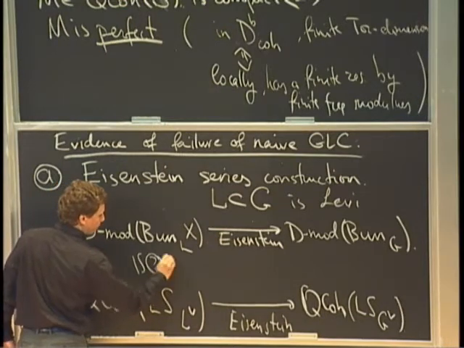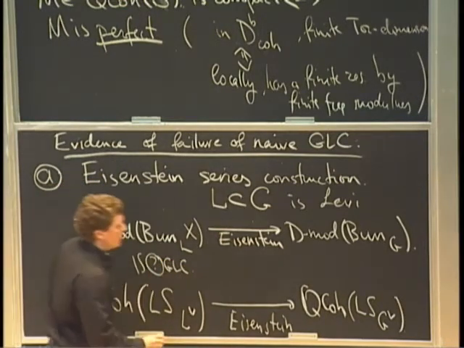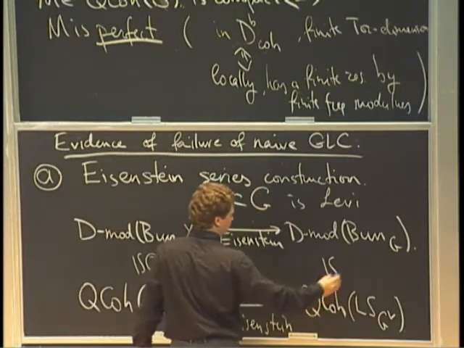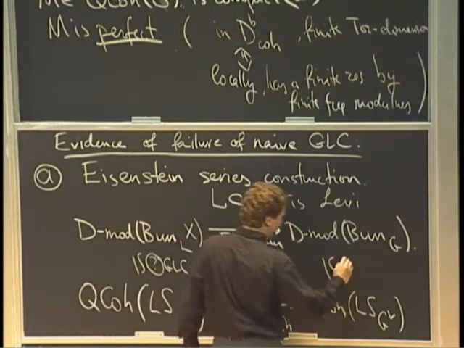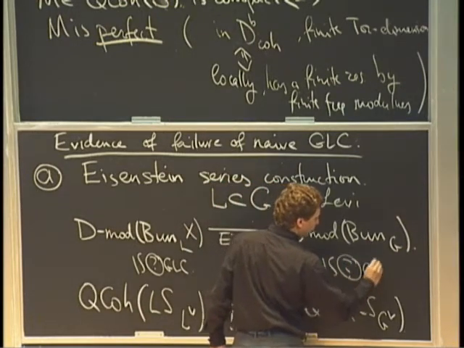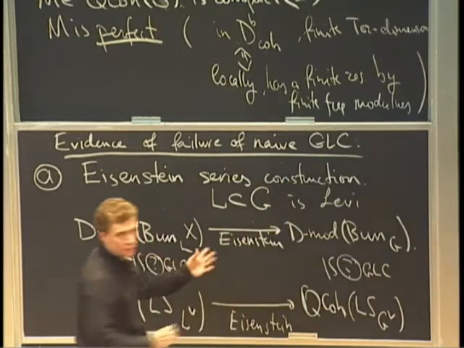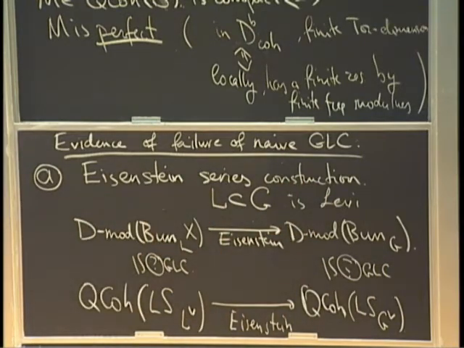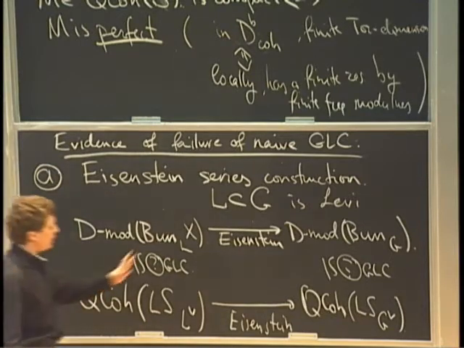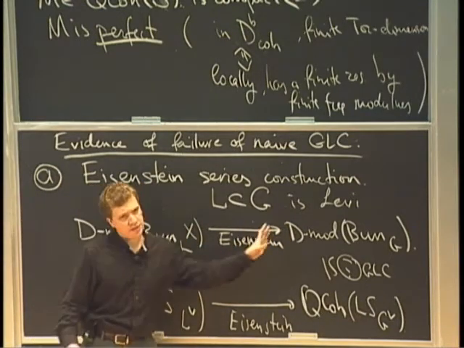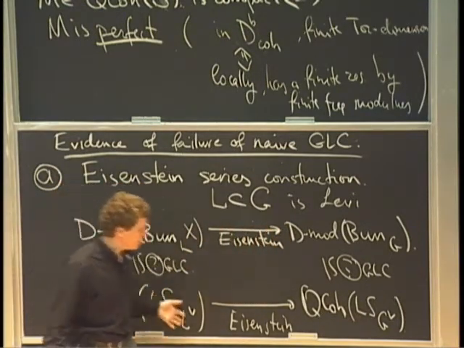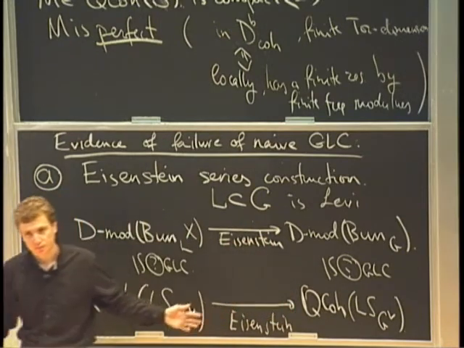So if the geometric Langlands conjecture held in its naive form, we would have this sort of diagram. And the problem, however, is that the top arrow here preserves compact objects, while the bottom arrow does not.